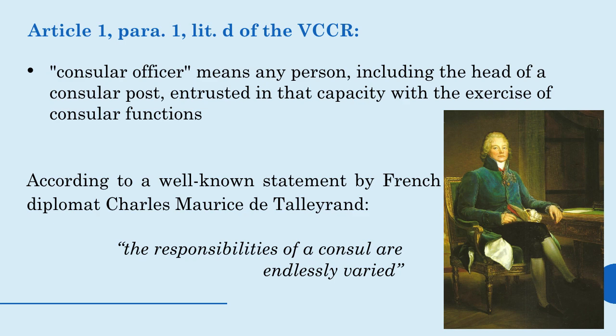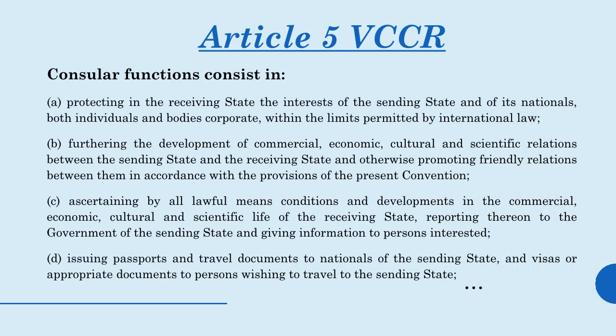So the main consular functions are stated in Article 5 of the Vienna Convention on Consular Relations. Among these functions can be highlighted such as protecting in the receiving state the interests of the sending state and of its nationals, both individuals and bodies corporate, within the limits permitted by international law. Furthering the development of commercial, economic, cultural, and scientific relations between the sending state and the receiving state, and otherwise promoting friendly relations between them in accordance with the provisions of the present convention.